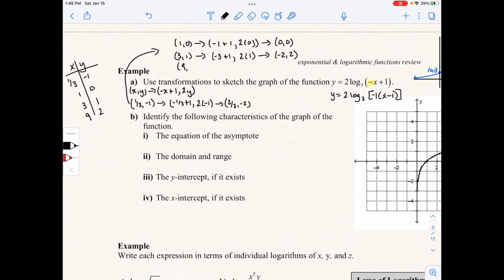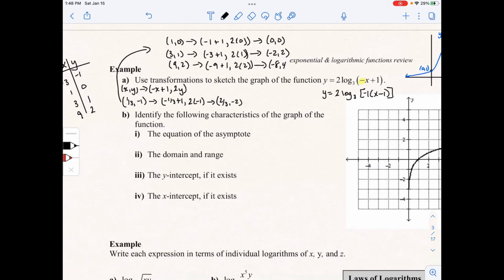And our last point that I have here, 9, 2, we get a negative x, which is -9 plus 1, and 2 times 2, which will give us -8, 4.